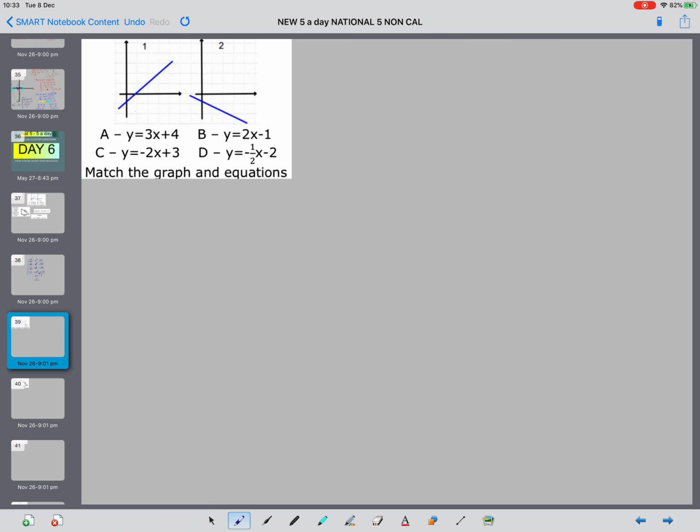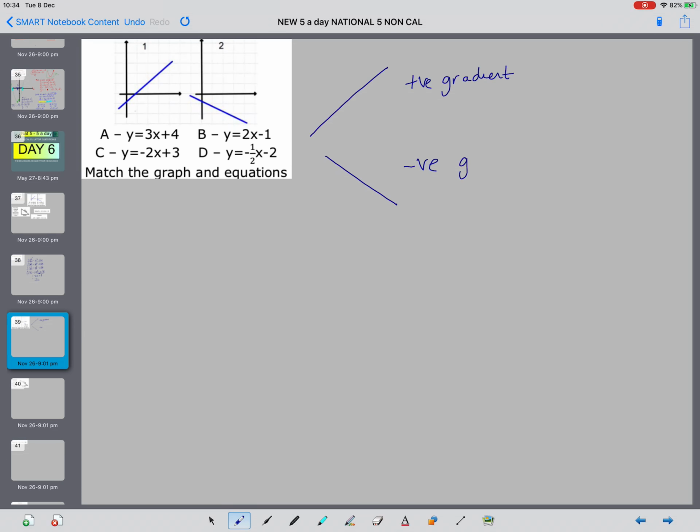Next one. Okay, match the graphs with the equation. Very important that you know if a graph is sloping this way, it has a positive gradient. If it's sloping this way, it has a negative gradient.